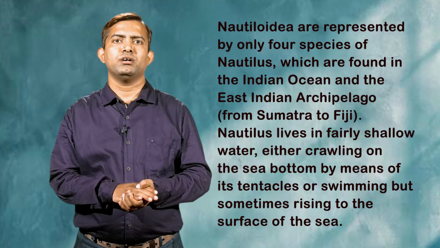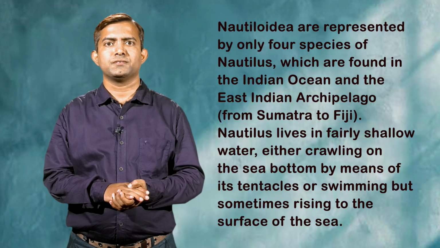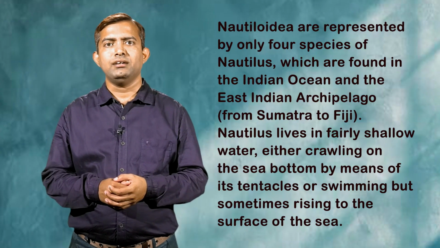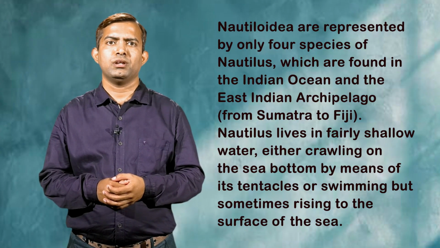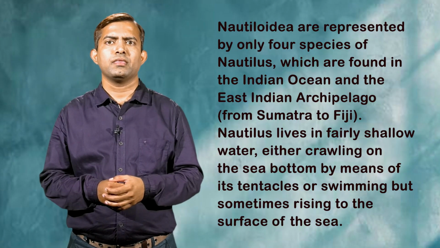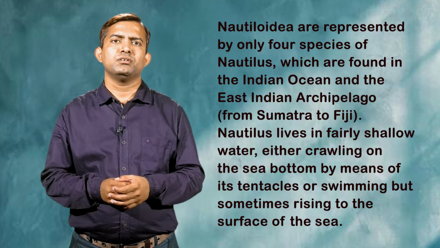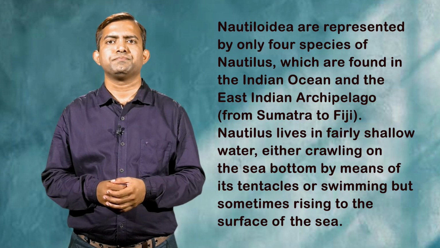Now, let us talk about the distribution of the Nautiloidea. At the present day, the nautiloids are represented only by 4 species of Nautilus, which are found in the Indian Ocean and East Indian archipelago from Sumatra to Fiji. The Nautilus is a very successful cephalopod nowadays.